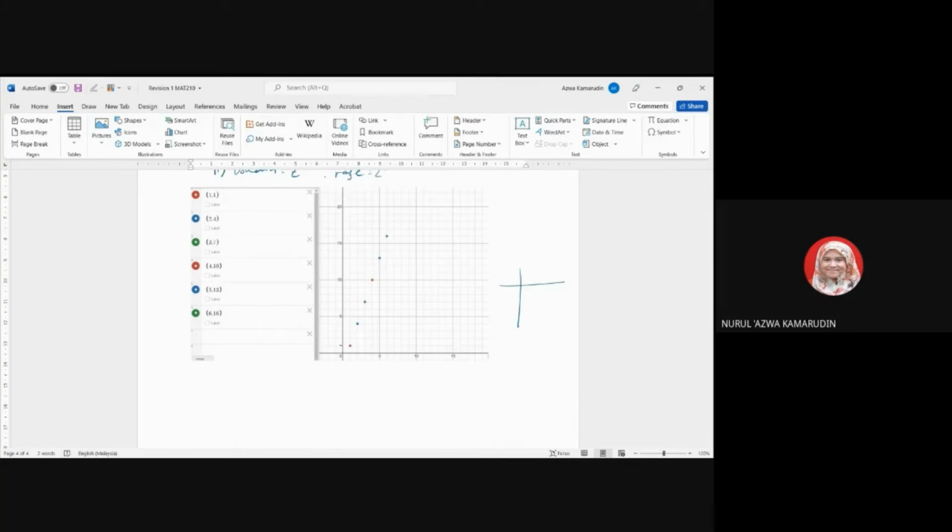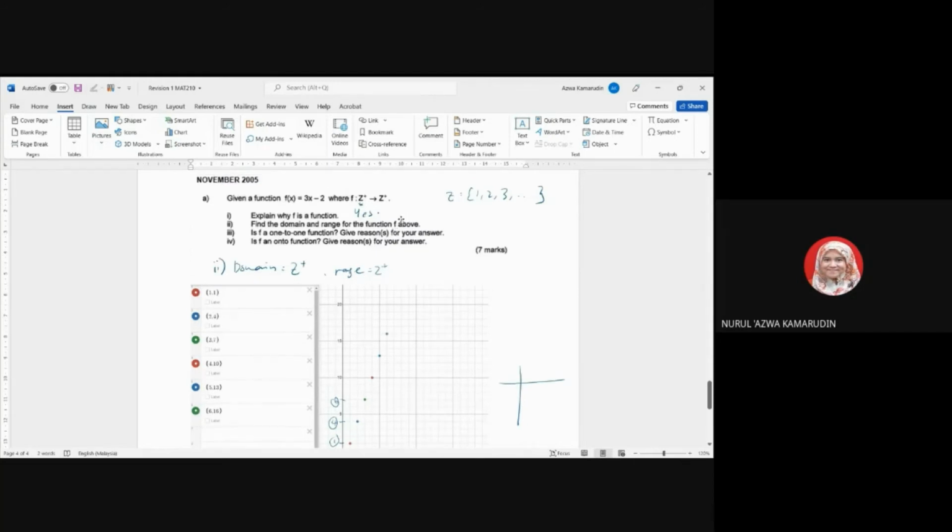It has what? 1, 4, 6. So it only covers certain numbers. So the range is not Z positive.